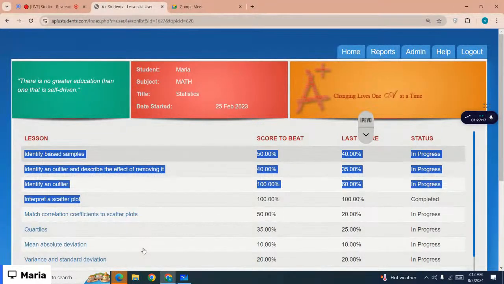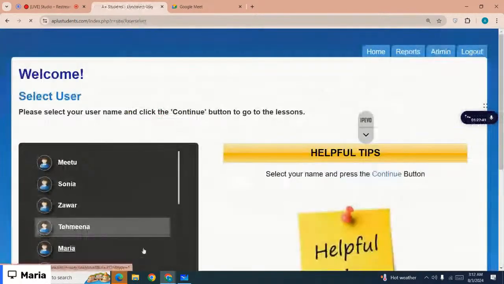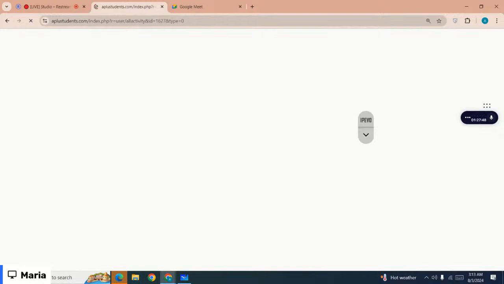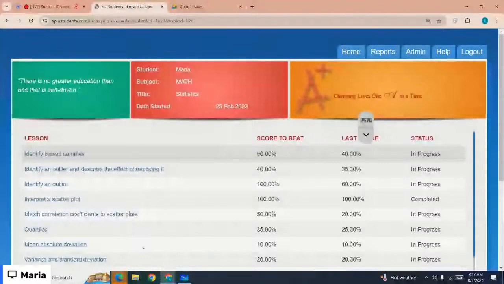The chapter we are on right now, we start with the first lesson, that is identify biased samples. Let's just start with the lesson.